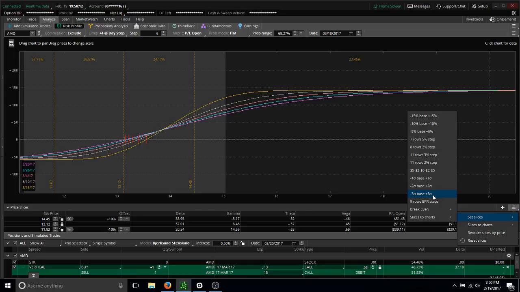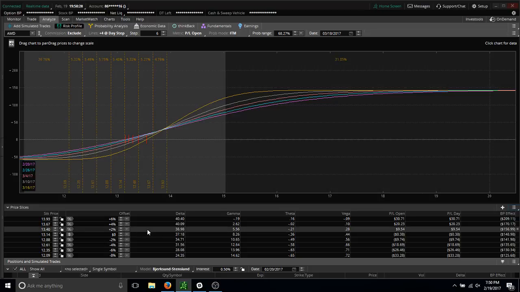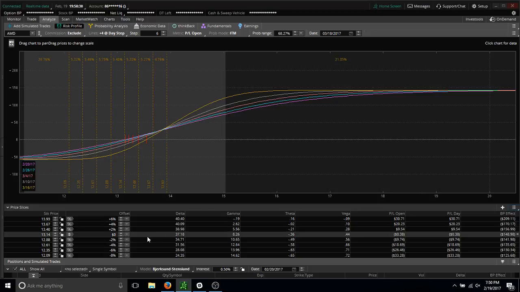I'm sorry, standard deviation. So your standard deviation is your bell curve in your probability. So we're just going to stick with 8 rows of 2 steps, or 2% steps.